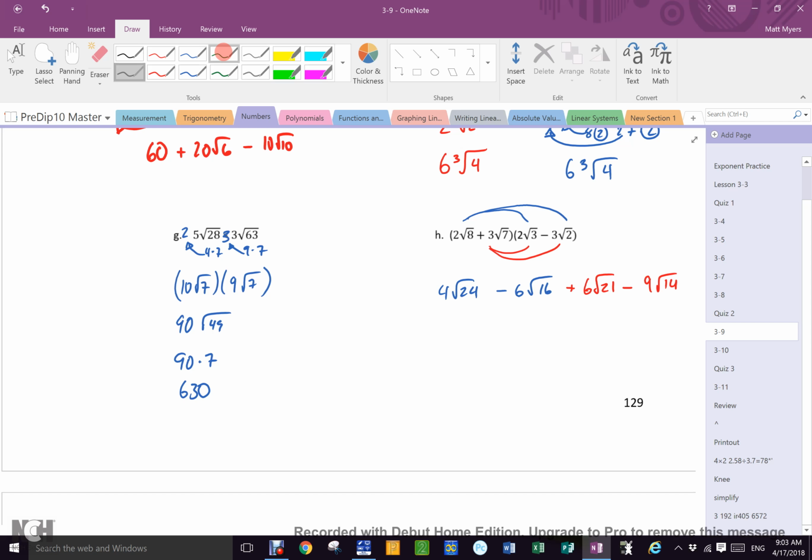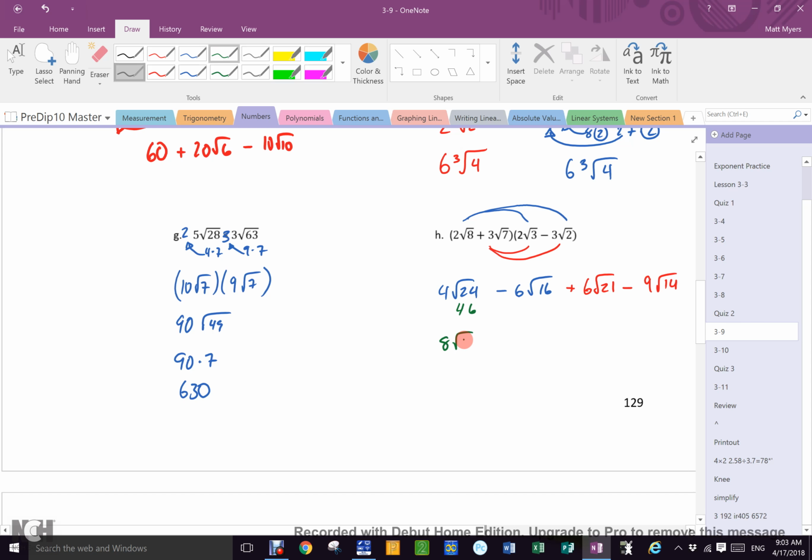Where will that simplify? 4 root 24, because that's 4 times 6.